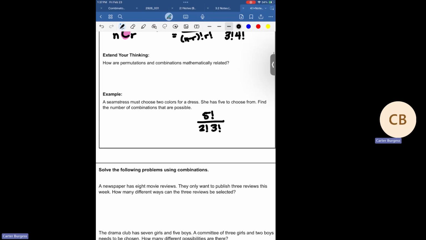Being selected second would put you in the vice president position. So all of a sudden, the order in which you're being chosen is also important to think about rather than just whether or not you are chosen. Whereas here, it doesn't matter if you pick blue first or red first. All that matters is which color you actually pick. So we don't want to think about the order in which we're choosing things. We want red blue to be the same as blue red. So we divide it away to get rid of that order.